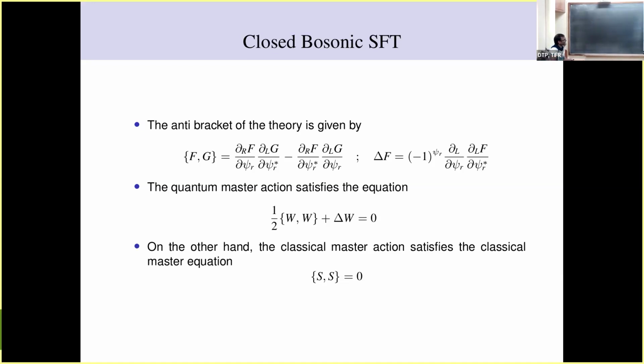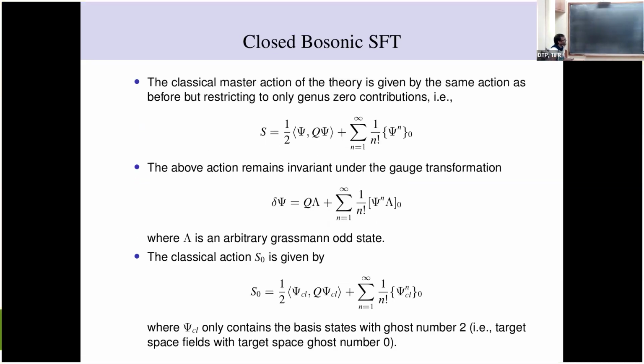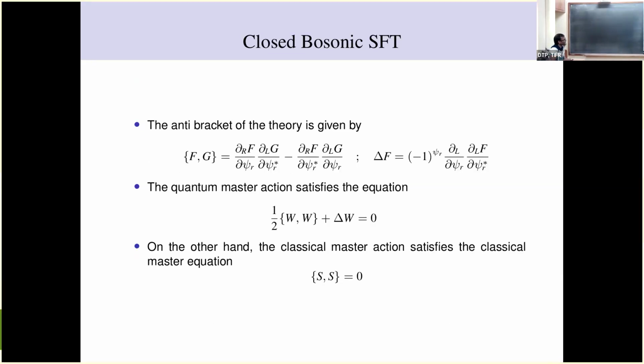On the other hand, the classical master action S, which you obtain by restricting only to genus zero contribution, satisfies this classical master equation. To prove both of these identities, you have to use the main identity we had.